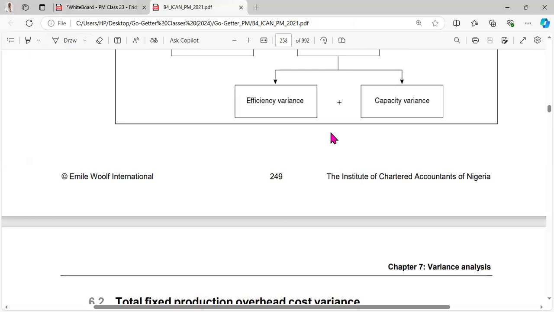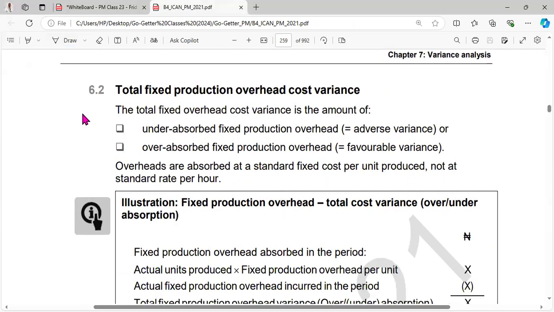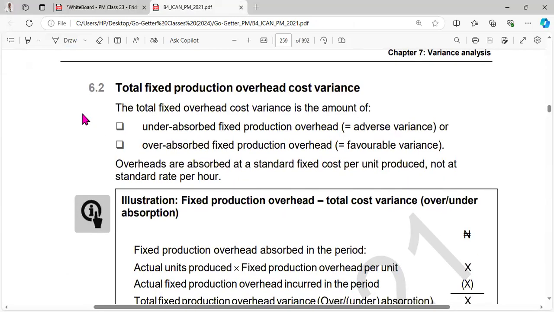Now let's go. Total fixed production overhead variance. The total fixed overhead cost variance is the amount of under absorption or over absorption. So first of all, what do we mean by under absorption? Under absorption means, let's say for example, I'll be spending 15,000 naira for the cost of Zoom license.